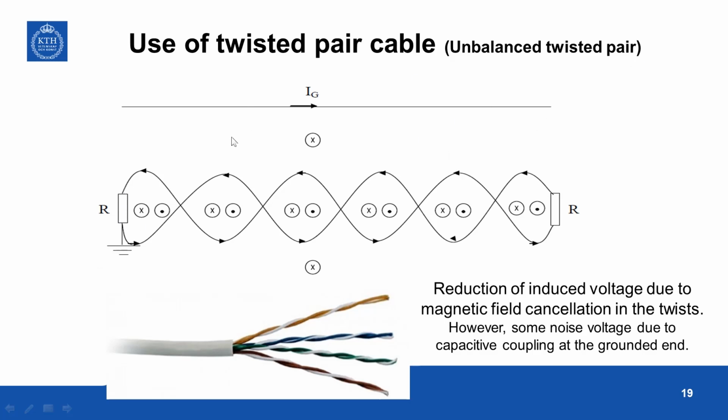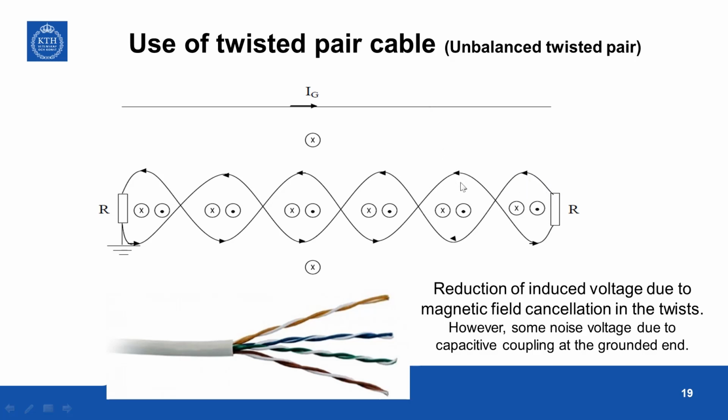Due to the capacitive coupling, you can have some net voltage across, because imagine the capacitive coupling, you have a passive capacitance here and you have certain injection. That current will travel in both directions. Here it is from the top.